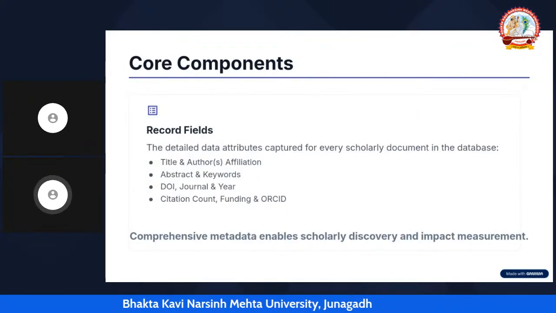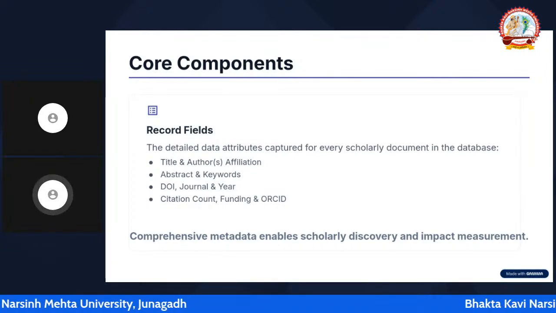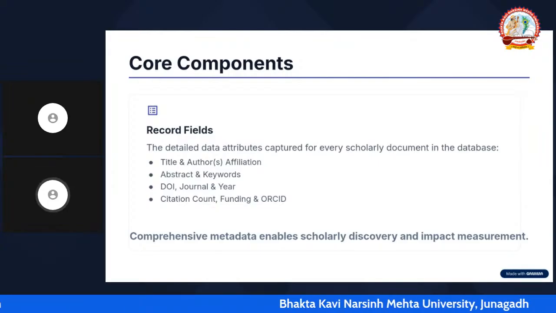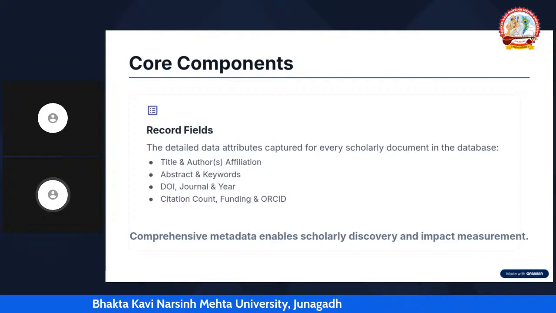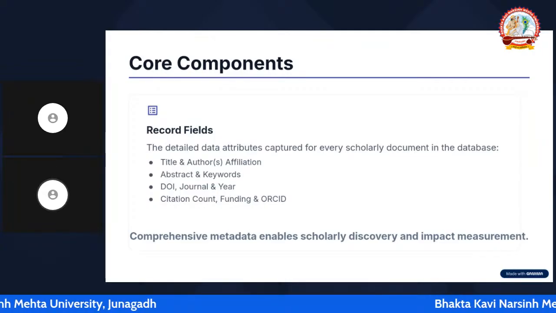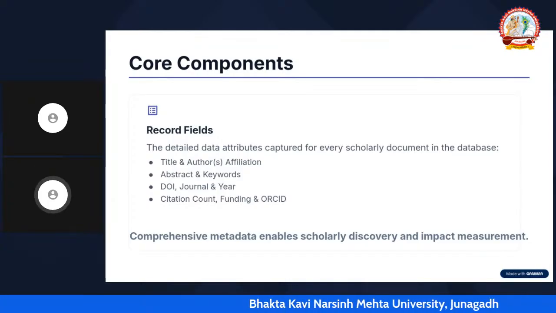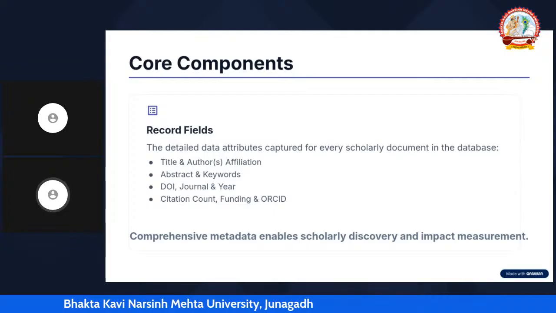There are some core components in this particular database. Core components means who has written it, the authors, author affiliations, some keynote, abstract, a brief introduction of why the database was created, and keywords related to the database.